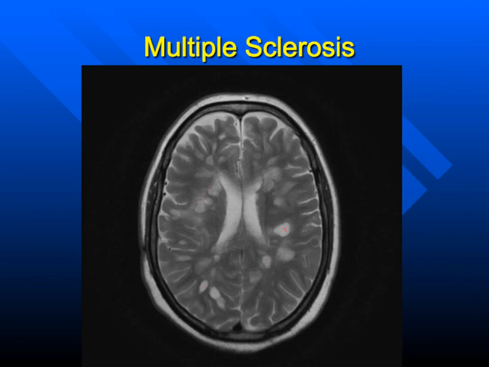Also, multiple sclerosis happens in younger patients, 30 to 50 years old. So that's how they detect it. If they see these white spots in somebody who's in their 60s and 70s, they diagnose it as degeneration of the brain. It's a normal degeneration. But in a younger patient in their 30s or 40s, white spots like this are definitely multiple sclerosis.